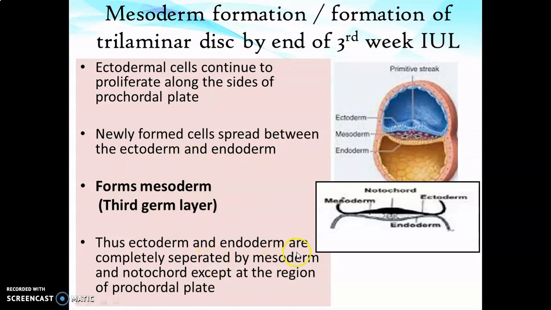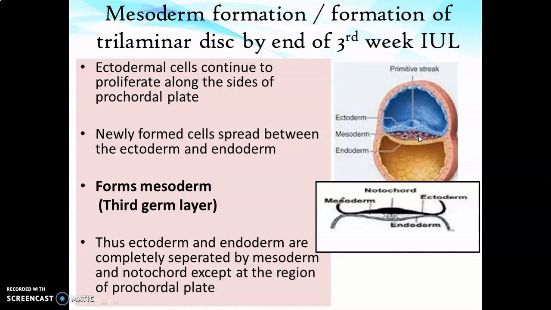Thus, ectoderm and endoderm are completely separated by mesoderm and notochord except at the region of the prochordal plate. At the region of the prochordal plate, there is no formation of mesoderm, that is a firm union between the endoderm and ectoderm. So you can see here the cells of ectoderm proliferate and fill in between the ectoderm and endoderm, forming the third germ layer, mesoderm, in between the first two germ layers.